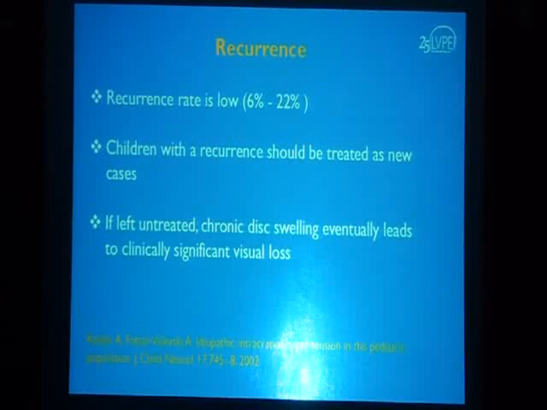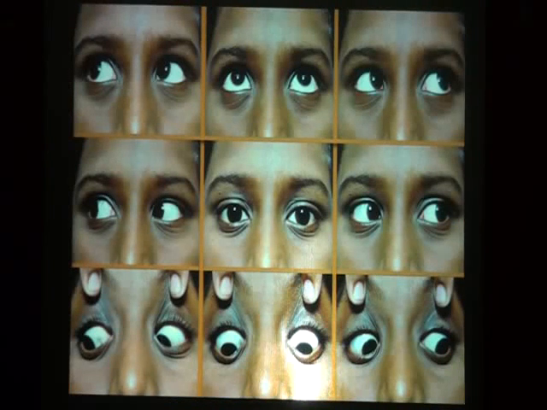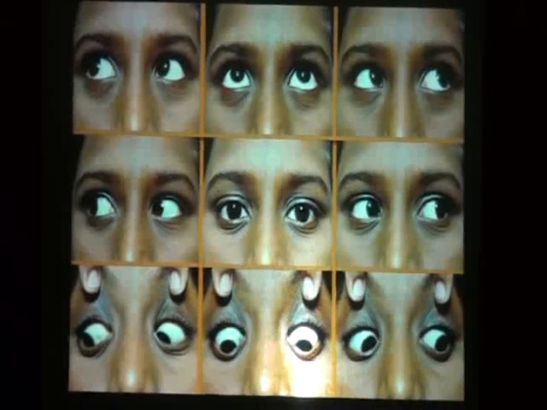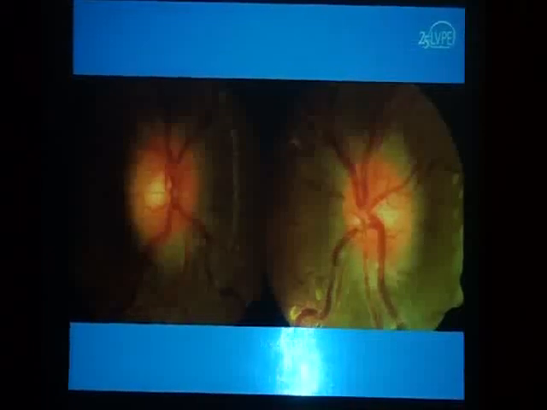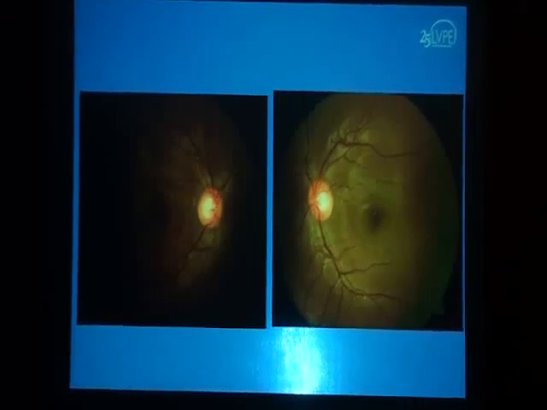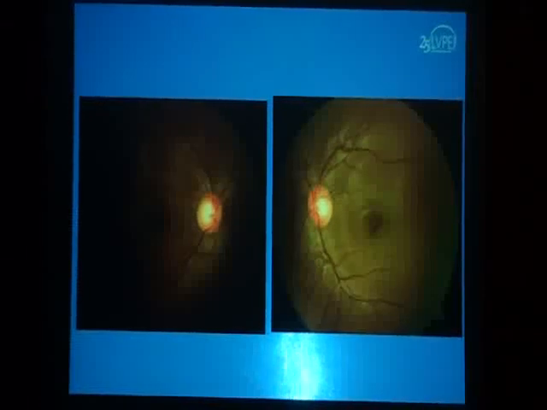Almost one quarter of the patients can have recurrence, because BICH can be a recurrent disease sometimes. And this is that kid where you can see that after acetazolamide, the esotropia is gone, abduction has improved completely, and you can see the pre-medication disc picture, and this is the post-medication picture, which is completely resolved.